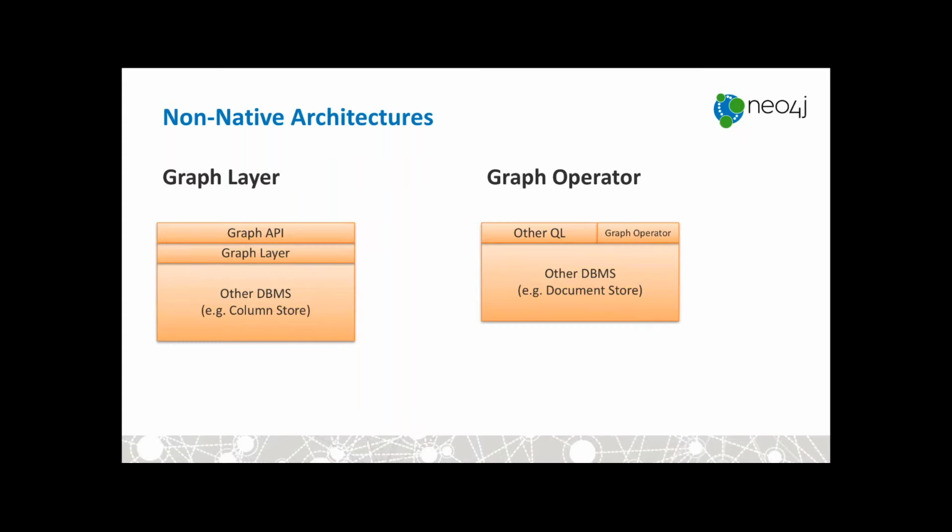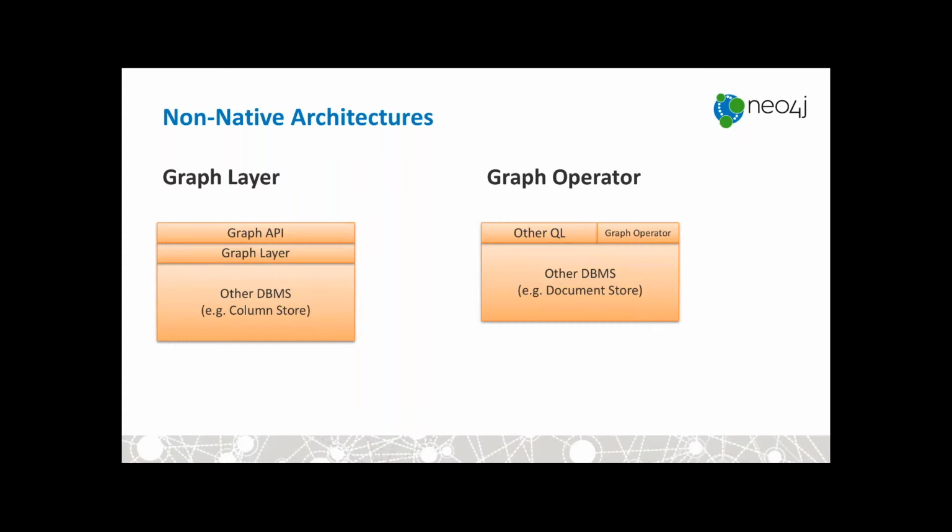Similar story on the graph operator side. I've got something like a popular one here, a document store. I've got a graph operator, but unless that document store is being used in an exactly conventional way that suits the graph operator, it can't process graphs on that store. So a well-meaning user can effectively ruin your graph just by using that document store as a document store.